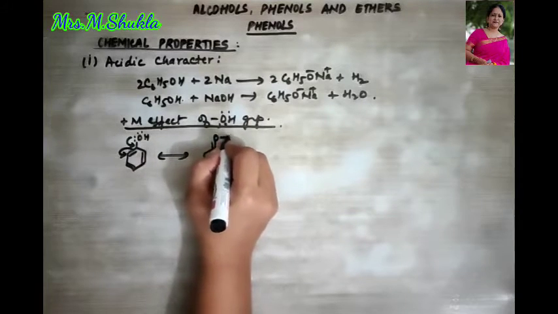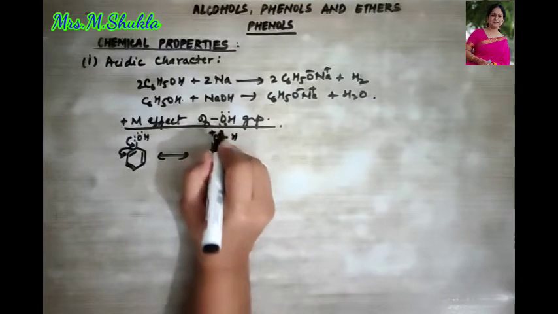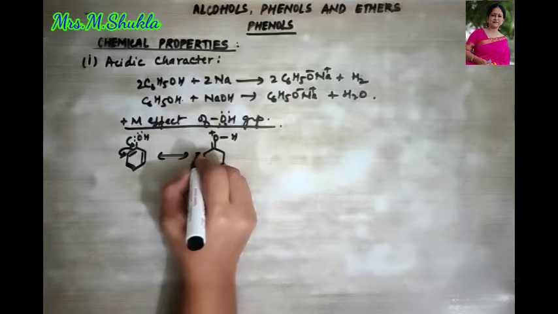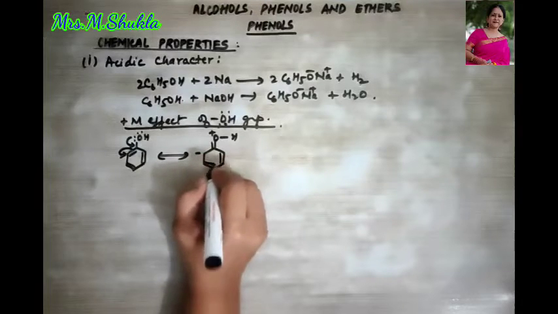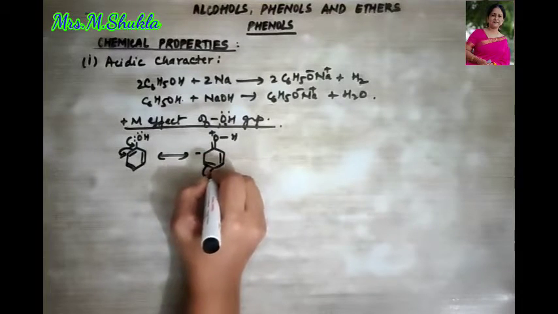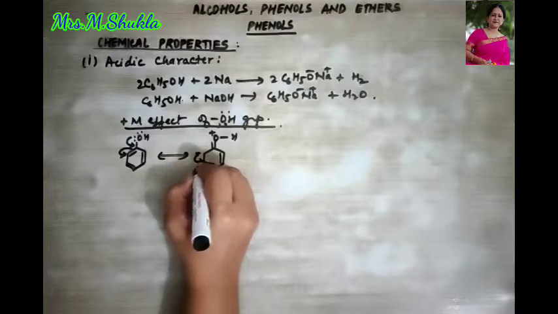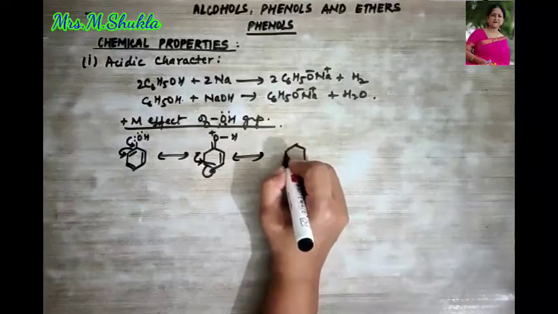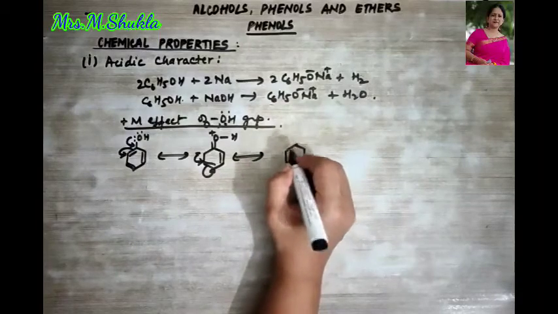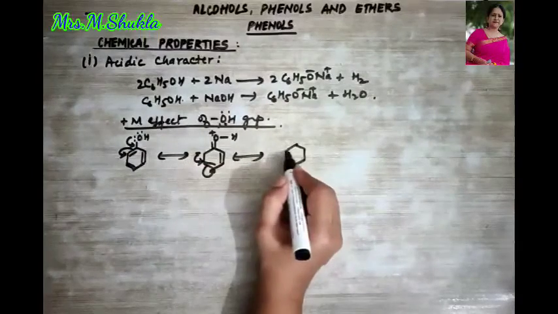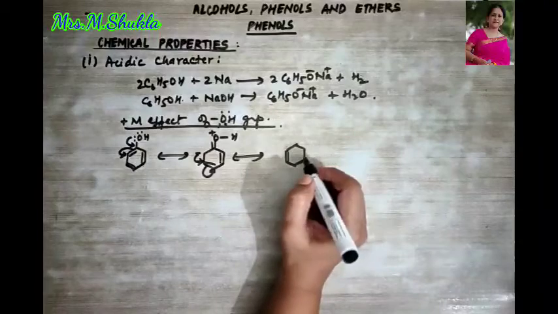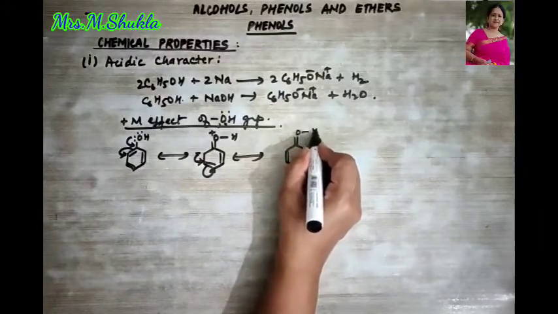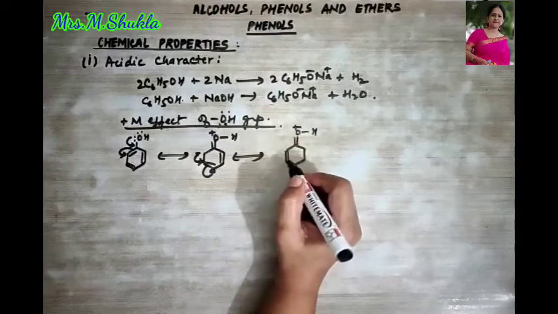This oxygen is going to attain a positive charge over itself. And this was minus, and now what? This comes here, so a double bond will be formed here. Let me draw this. This is OH plus.